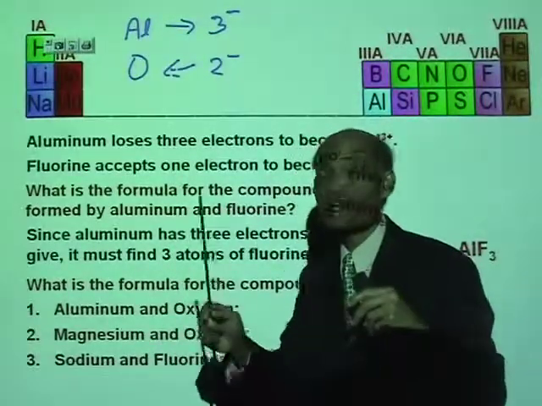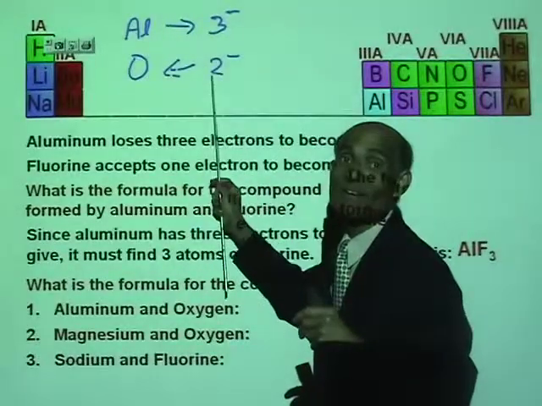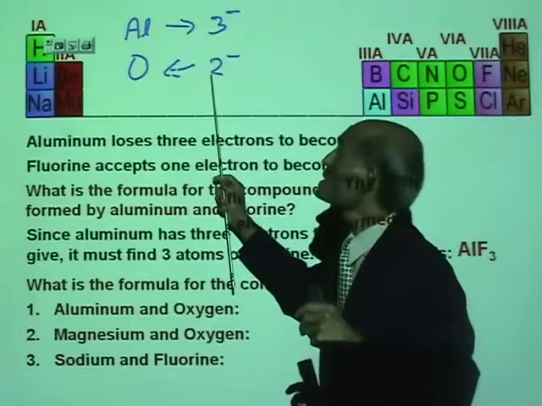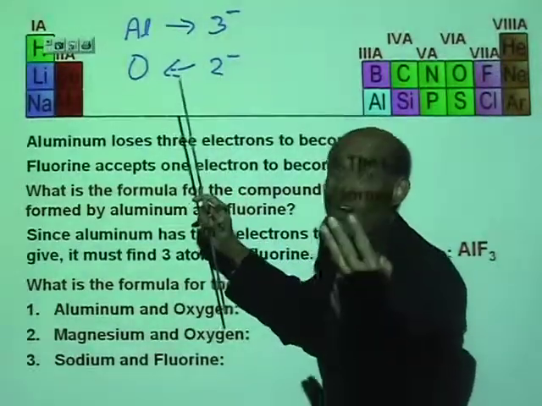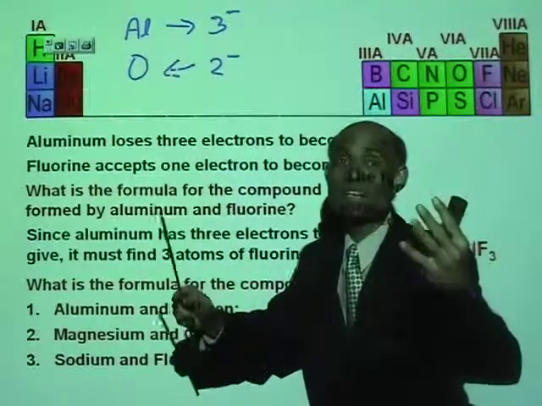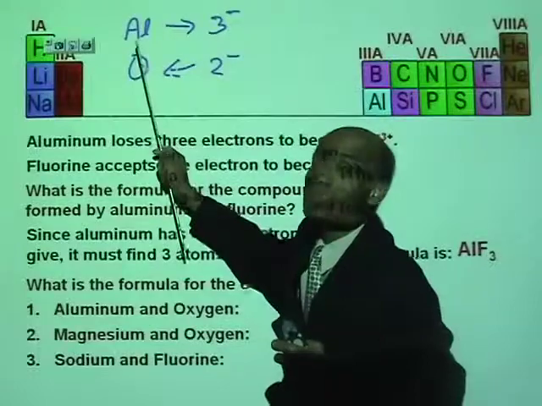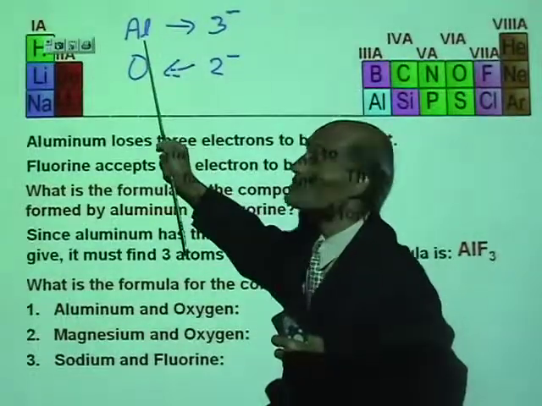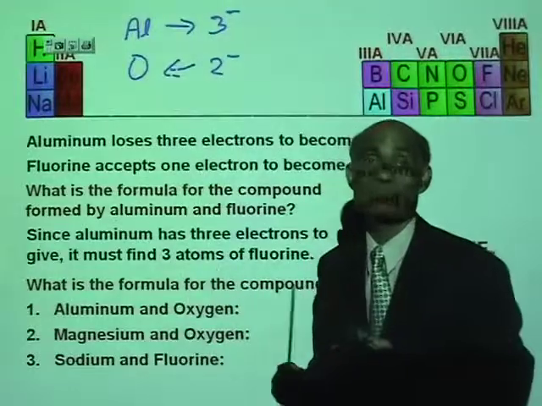And in order to give 6 electrons, how many oxygens are to be there? Each oxygen takes in 2 electrons. That means you need 3 oxygen atoms. See how perfect that is. So 2 aluminum atoms must find 3 oxygen atoms.